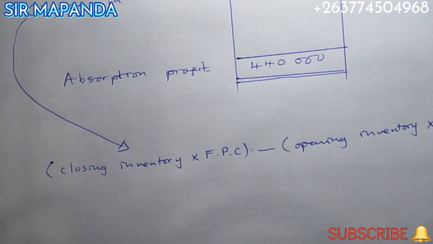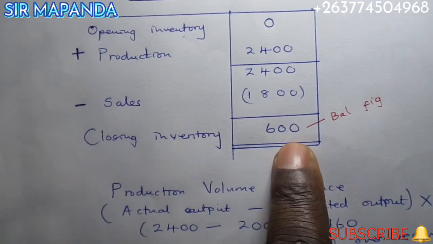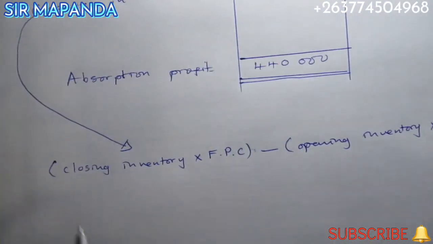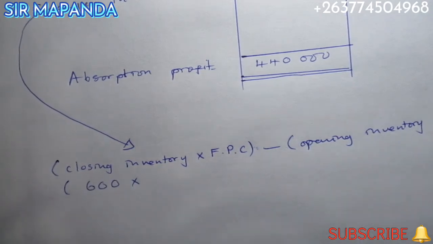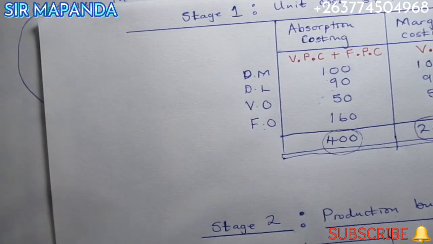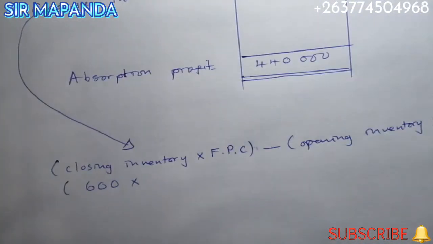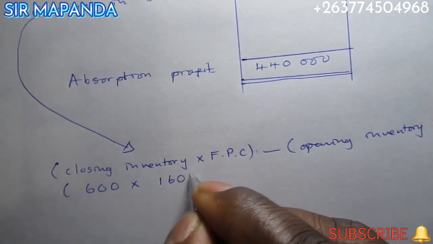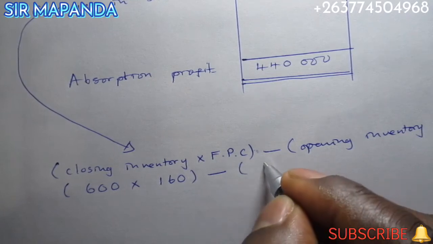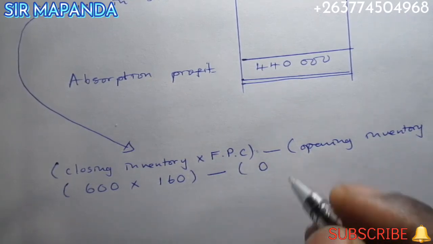So the closing inventory, we calculated it in the quantity statement as balancing figure of 600. So I'm going to put 600 units on closing inventory to be multiplied by the fixed production cost per unit of 160. So you multiply this by 160, which is the FPC, minus opening inventory was 0 since there was no stock on hand at the beginning of September.